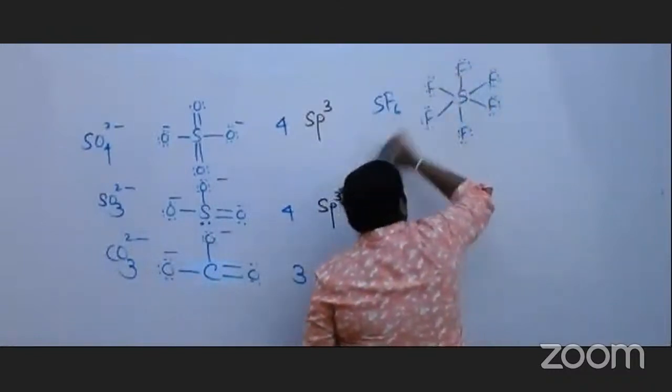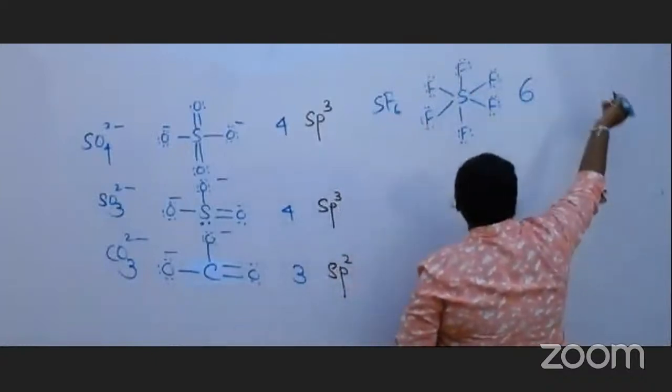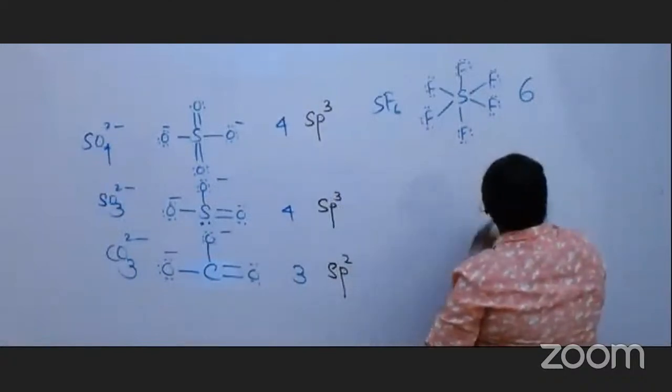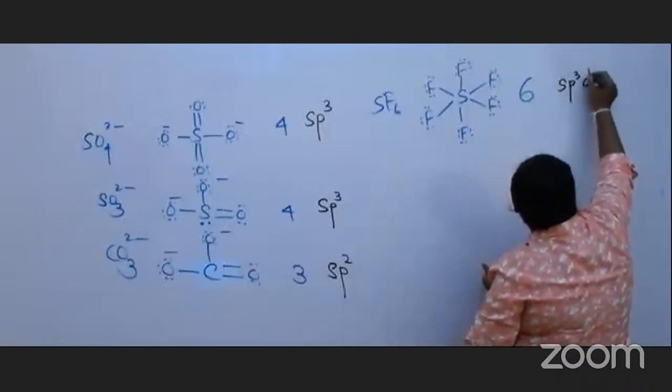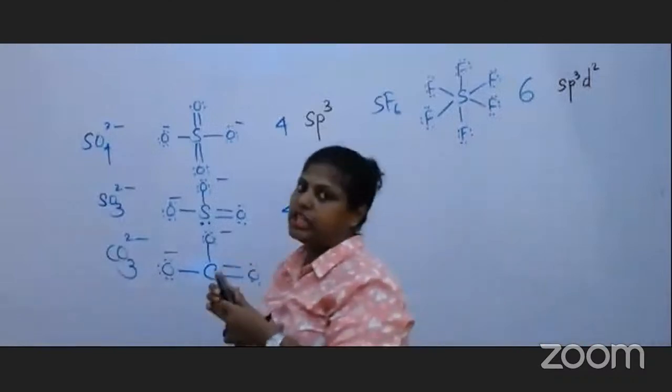This is the Lewis structure. So total VSEPRs around the sulfur is 6. So how to write the hybridization? 1 for S, 3 for P, the remaining 2 go to D, sp3d2.